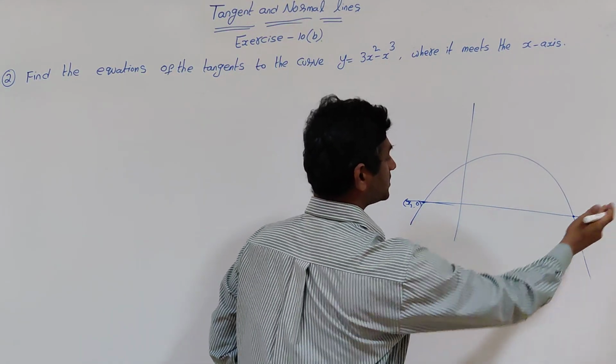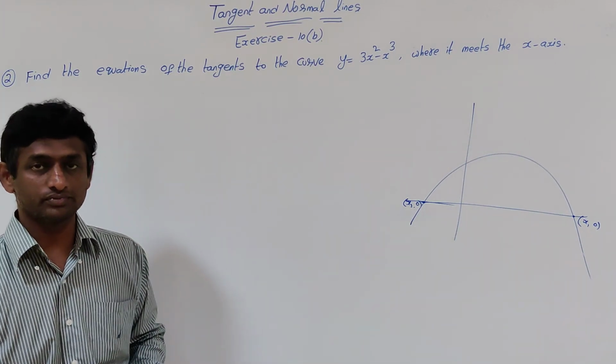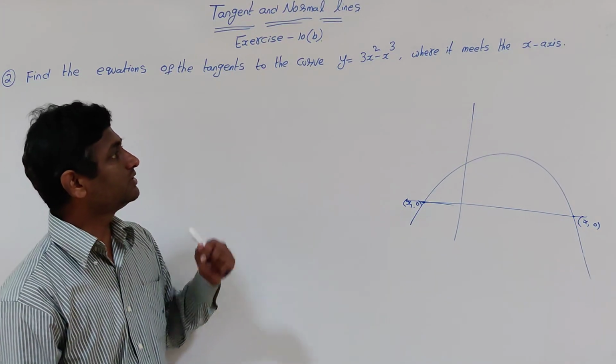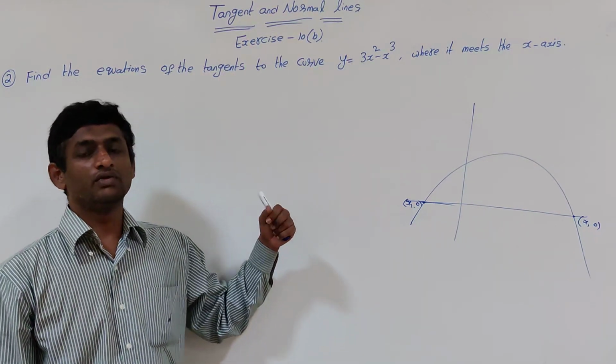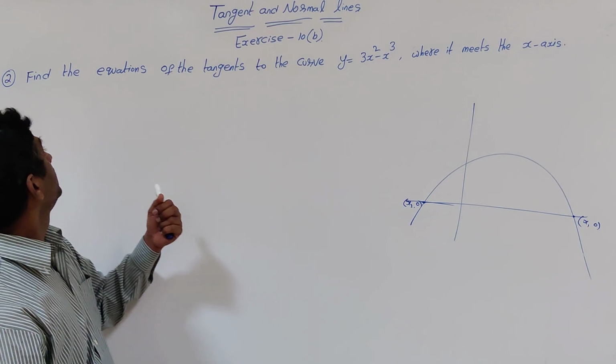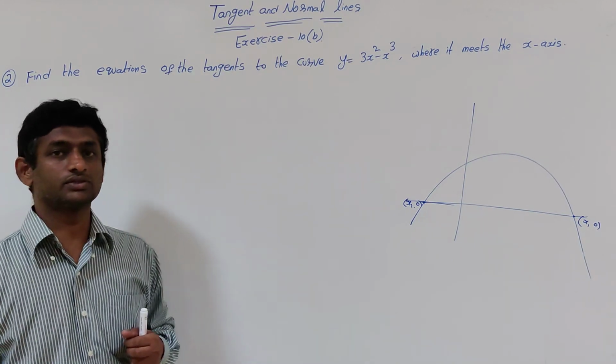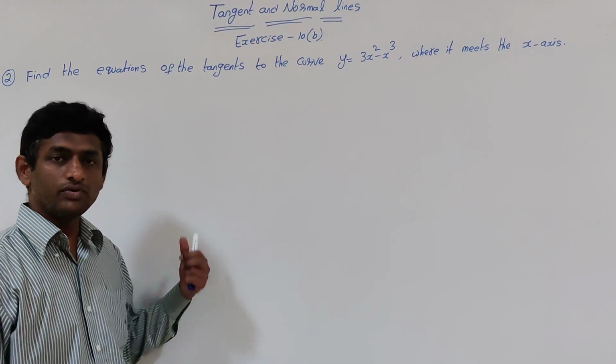As it is on the x-axis, the y coordinate should be 0. So we'll find the points, then find the slope, and then find the equation of the tangent lines. Now we'll see the solution.